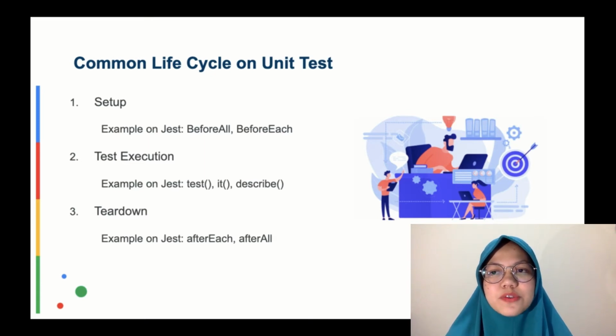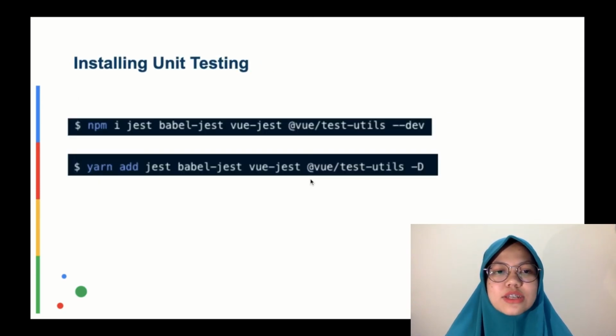For example, if we do mockup, there is certain data that we use. We can use the tear down part to clean the data so that it does not affect our code or other unit tests. So this is how we can install unit testing. For example, by not using Vue CLI, we can run npm or yarn. There are two different packages when we use JavaScript package manager, which are npm and yarn.